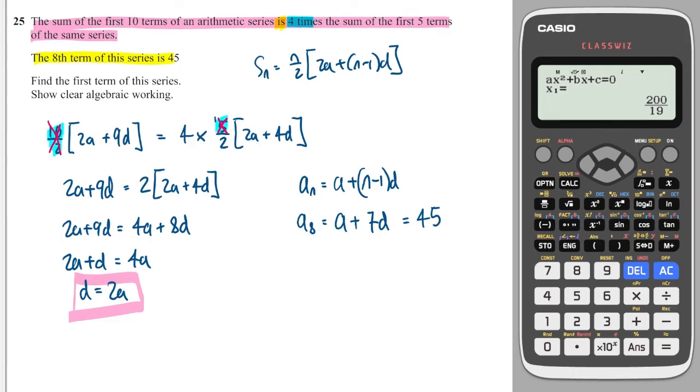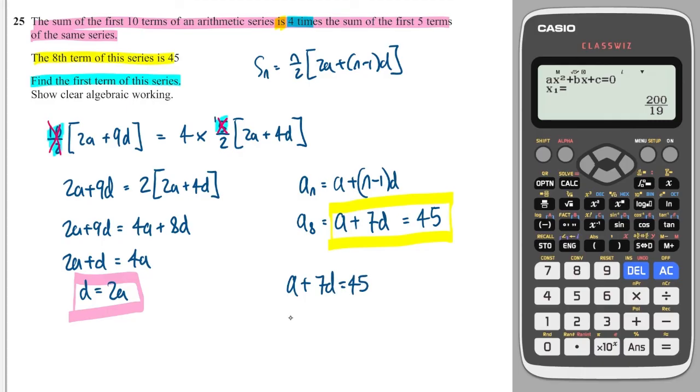Okay, great. That's about as simple as that can get. So that has now given me another equation. And now let's actually read the question. And it says find the first term in the series. So the first term is the a value. So let's take this equation here, and it tells me that a plus 7d is equal to 45.